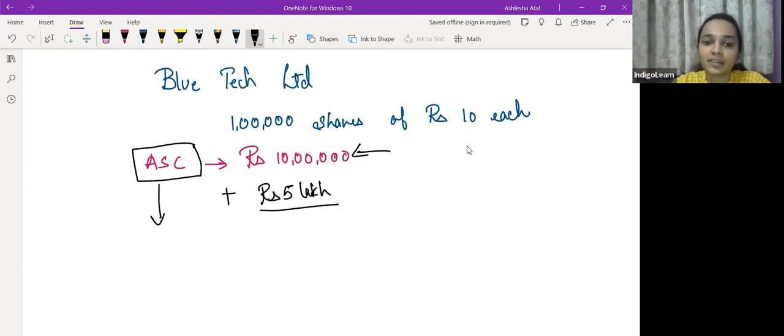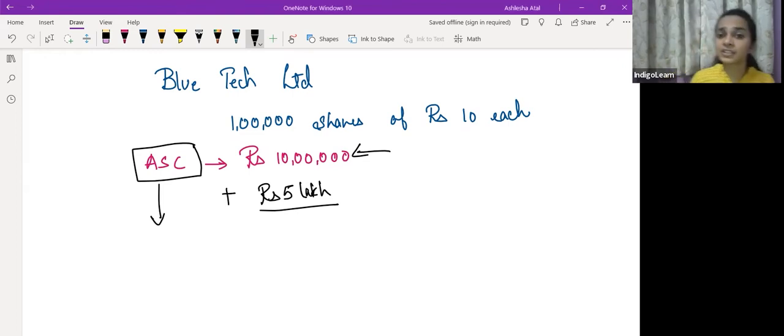However, यहाँ पे special resolution नहीं लगेगा. एक normal board resolution and then an ordinary resolution would be sufficient. So for the purpose of increasing the authorized share capital of the company, यहाँ पे कंपनी को कोई स्पेशल रेजोल्यूशन पास करने की जरूरत नहीं है अलग से. Ordinary resolution would also do.